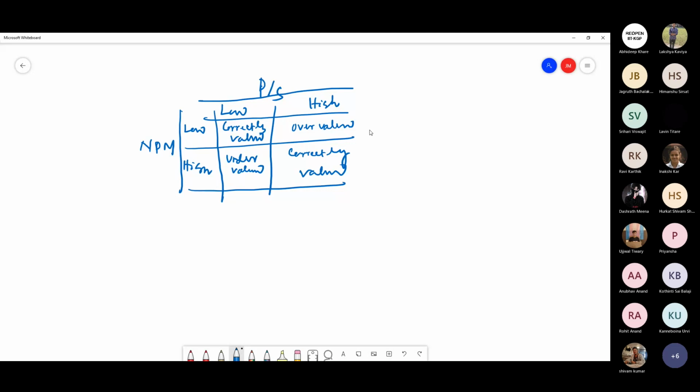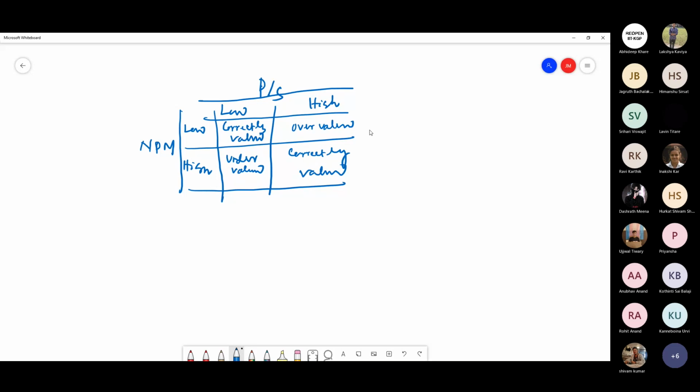So we consider it an undervalued company. In that sense, we are keeping the other factors constant, or not considering the other factors in this analysis. This is only a way to understand the use of the price to sales ratio in the investment strategy.